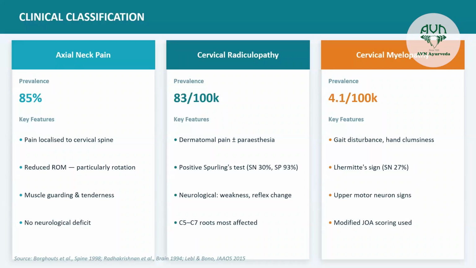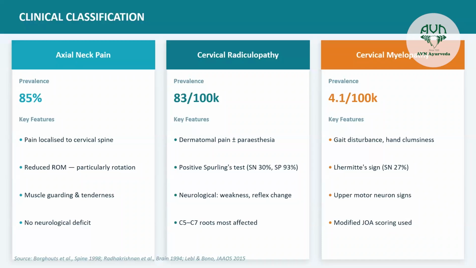In cervical myelopathy, there is degeneration happening, and the prevalence is 4.1 per 100K as per the studies. The patient comes in with hand clumsiness, a dexterity problem, gait disturbance, and gripping problems. The Lhermitte sign will be positive as they bend or flex the neck, with recurrence of the symptoms.